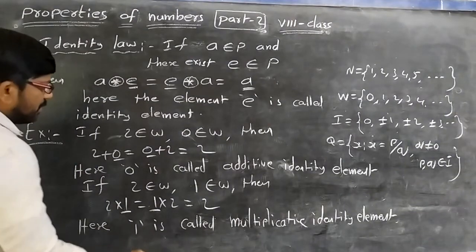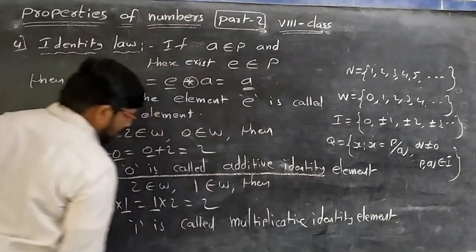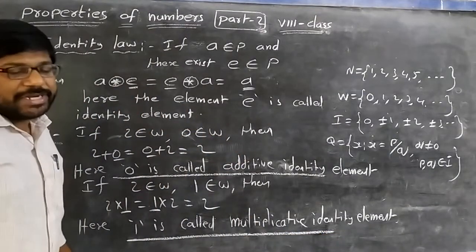So once again listen, 0 is called the additive identity element and 1 is called the multiplicative identity element.